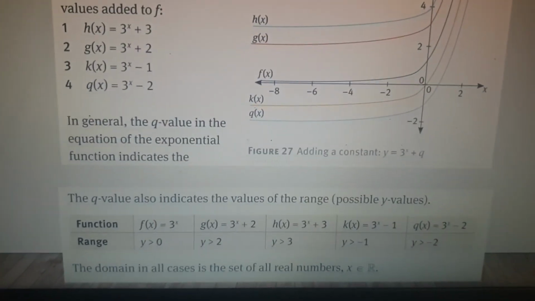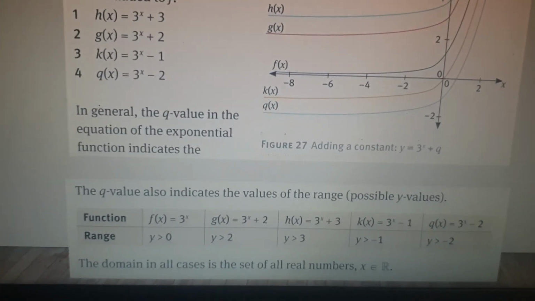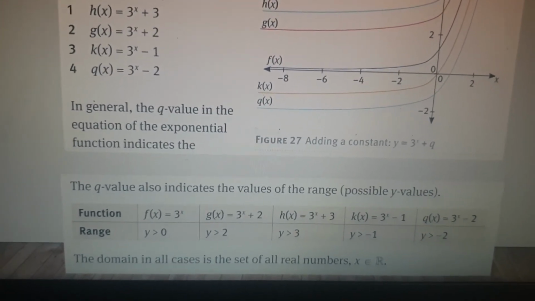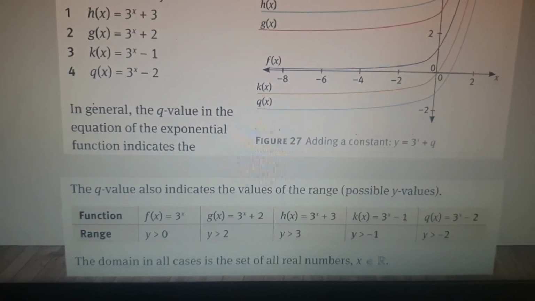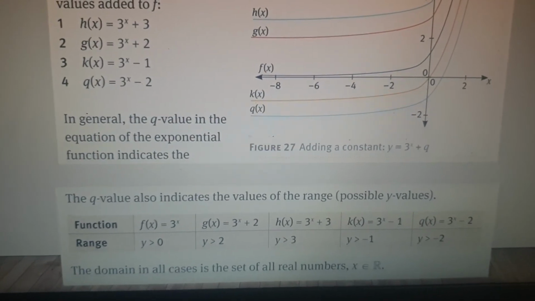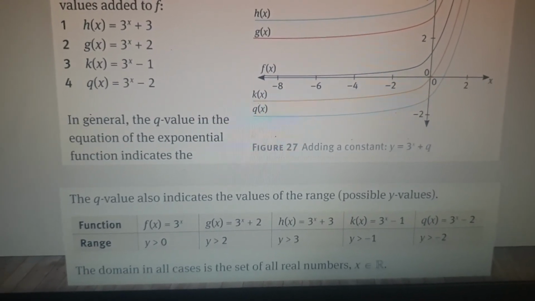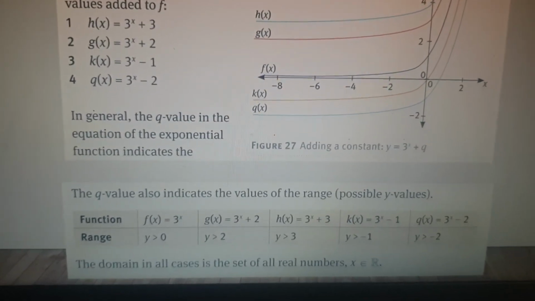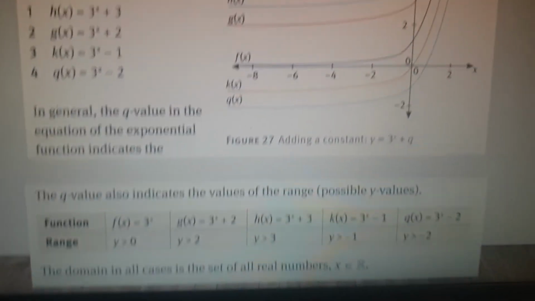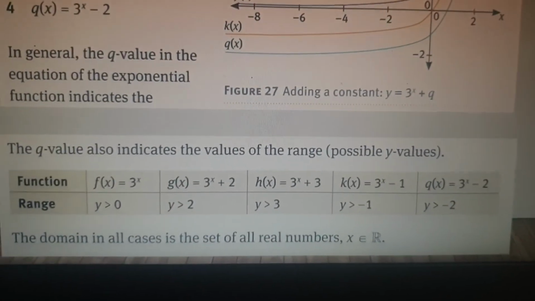What is very important here is that this influences our domain and our range, okay? Again, our domain is our x values and our range is our y values. So when we work with exponential, all the x values will count. So x will be an element of R, which means x can be any real number. As for y, this is determined by our q.